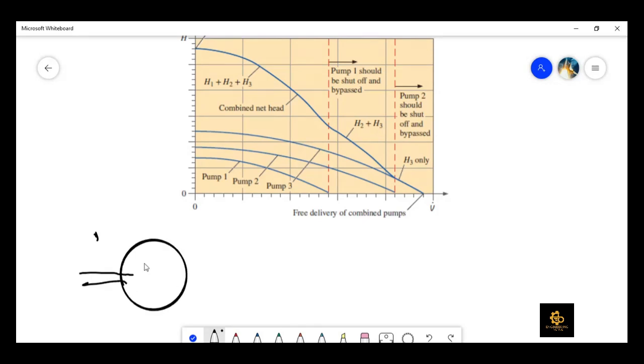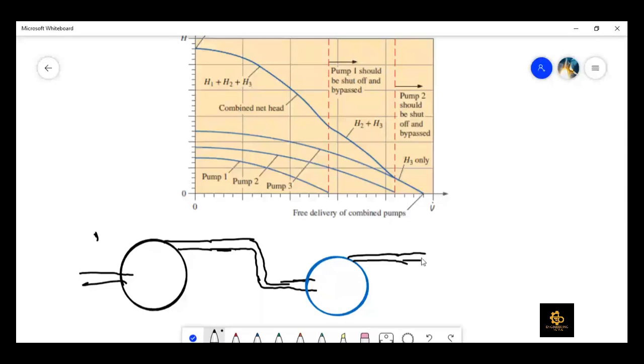Fluid is coming in and going out, and then here we would have a little bit smaller pump, not much, because we don't want to change it too abruptly. This is a centrifugal pump at the moment we are talking about. And then we have another pump here, installed in series, so here we would have an even smaller pump.